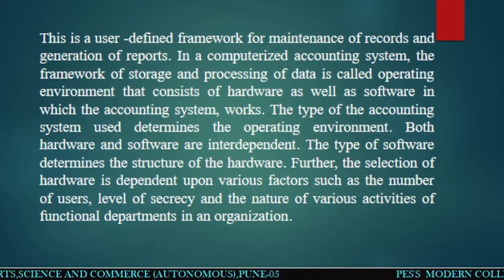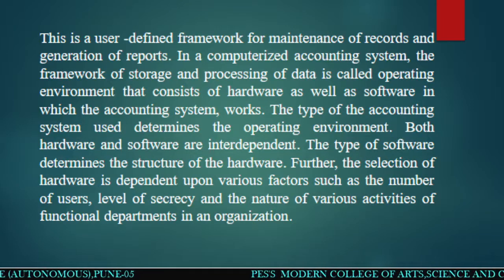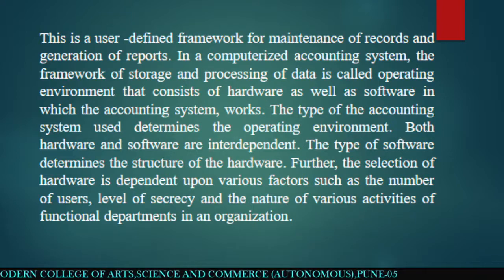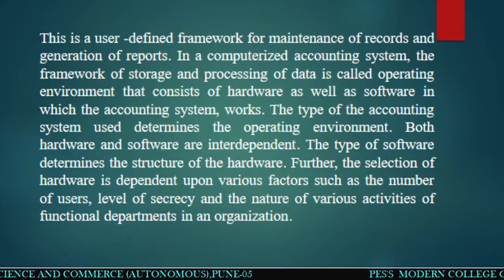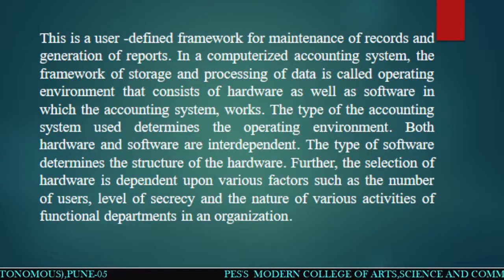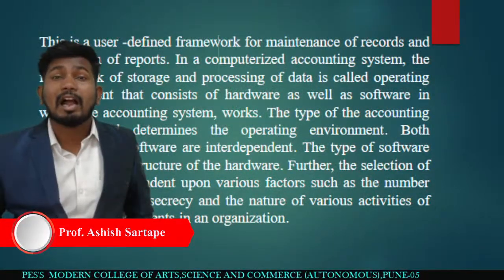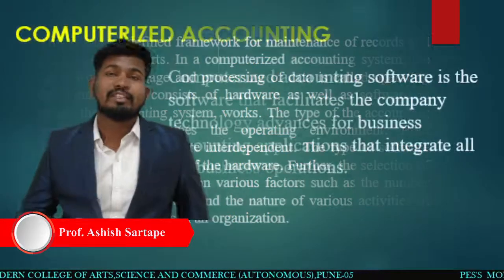Further, selection of hardware depends on various factors such as the number of users of that particular accounting system, the level of secrecy maintained in that organization, and the nature of the different activities carried out in the business organization. The nature of activities is also essential while selecting the hardware or software. For the various functional departments of the organization, computerized accounting is very helpful in this manner.